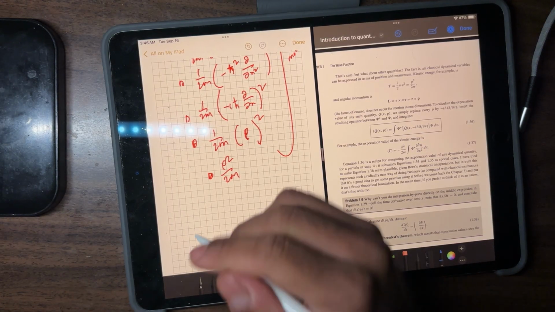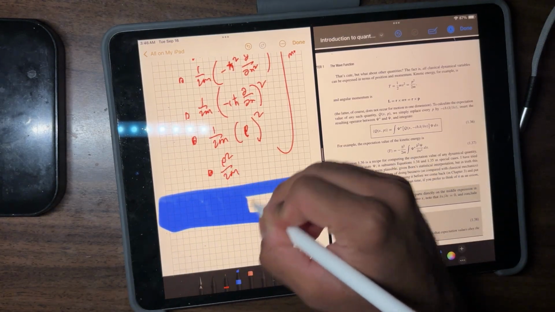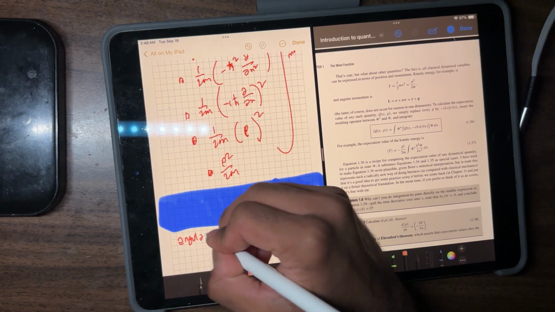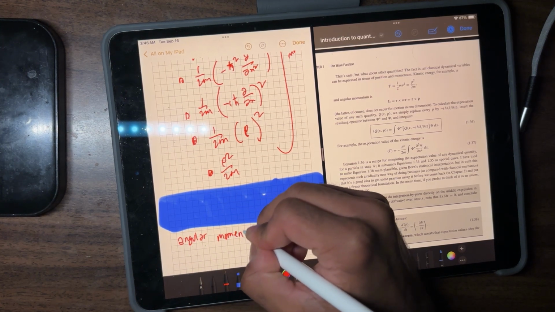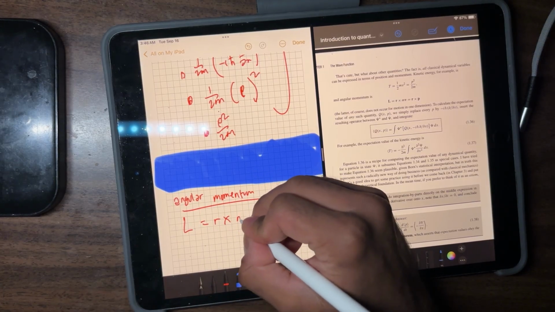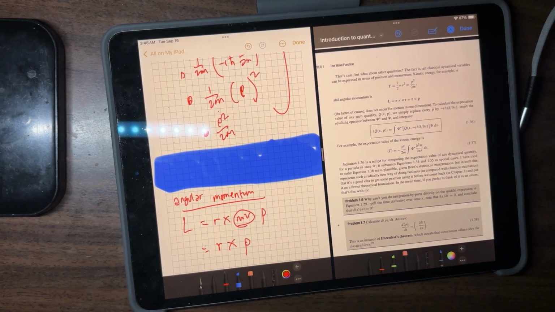And you can also have the angular momentum. So angular momentum, which is L, is equal to R times mv. mv is simply P, so it is R times P.